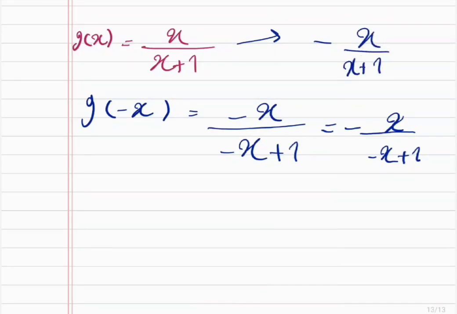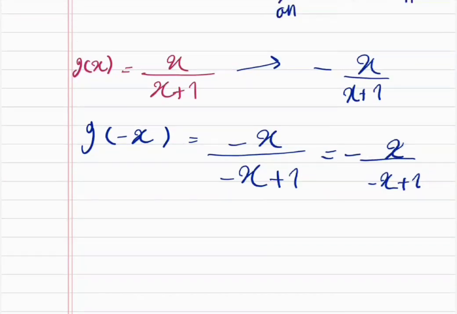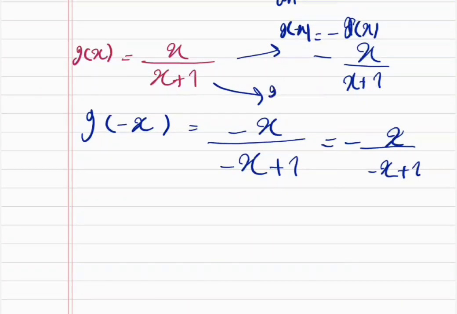That would be the case if the function was odd, because it satisfies the condition g of minus x equals minus g of x. Or if we had an even function, we would have got just x over x plus 1, the same function as the original one.